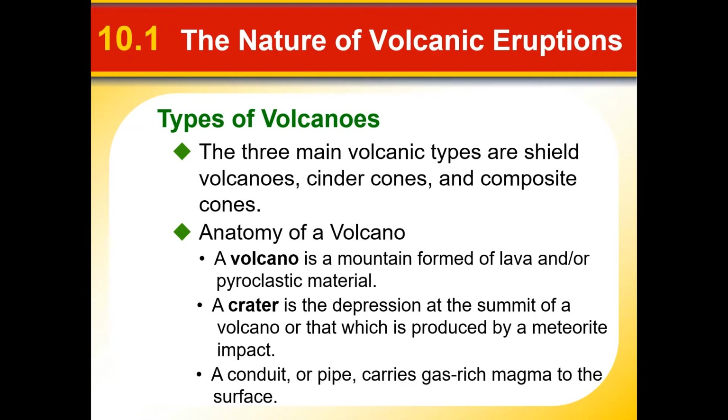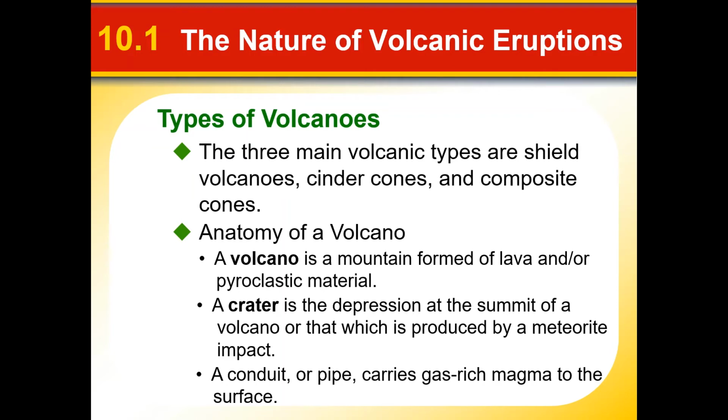Then the types of volcano. There are three main volcanic types. They are shield, the cinder cones, and the composite cones. And the anatomy of the volcano. A volcano basically is a mountain formed of lava and or pyroclastic materials.